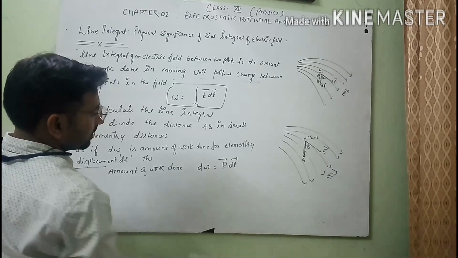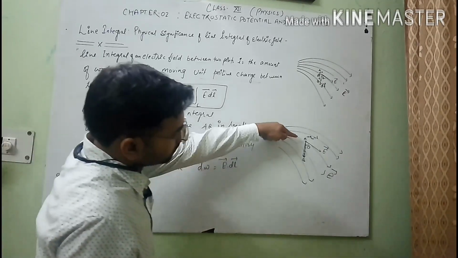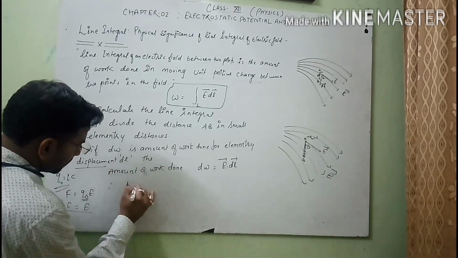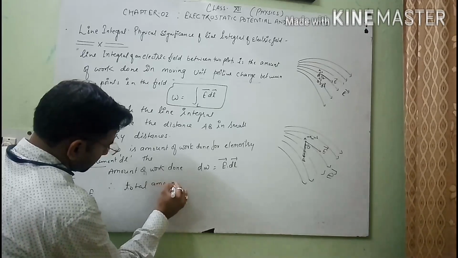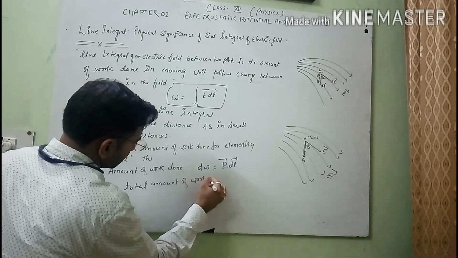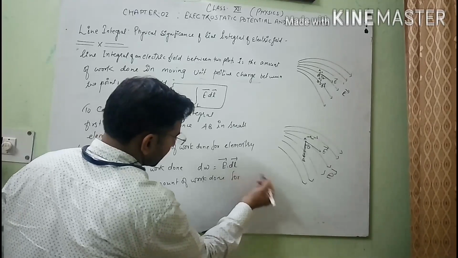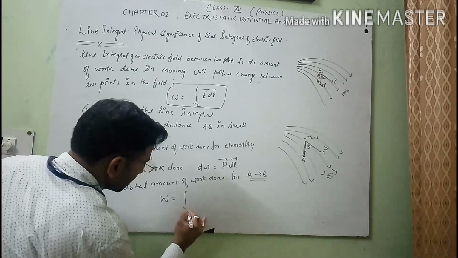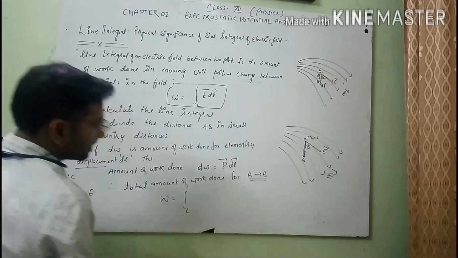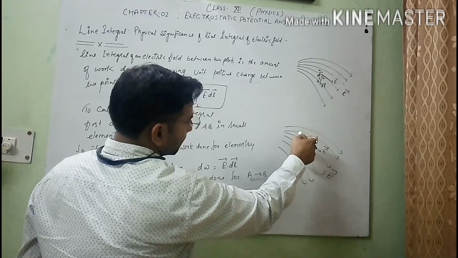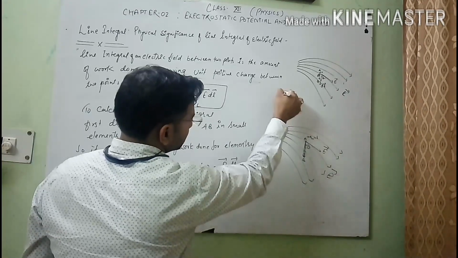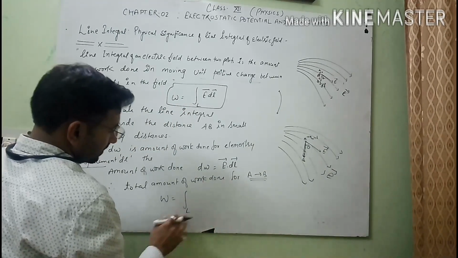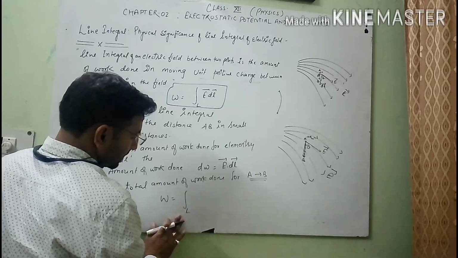So this is the elementary amount of work done to carry the charge from point A through an elementary displacement dl. Therefore, the total amount of work done for carrying the charge from A to B is the integral of, and this one is a line integral because this line is open, or if I had drawn a curve in place of the line, this curve is also open, so I will use an open line integral L, or you can use the C symbol here also.